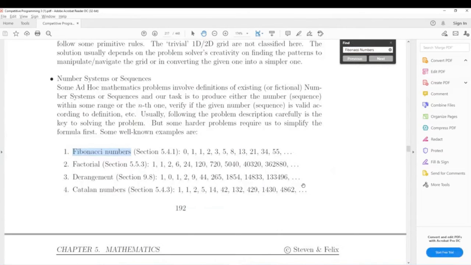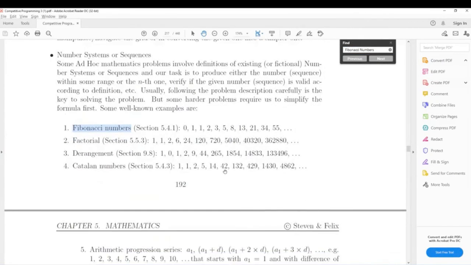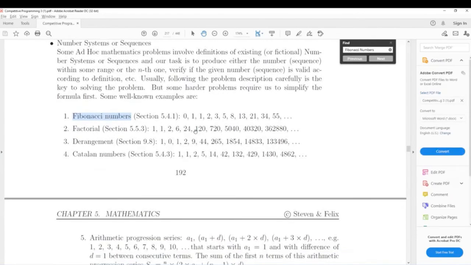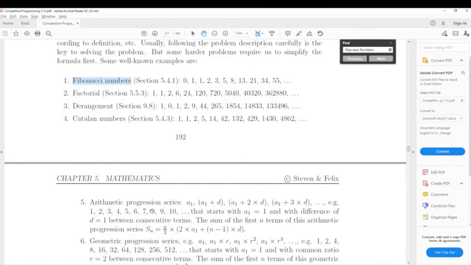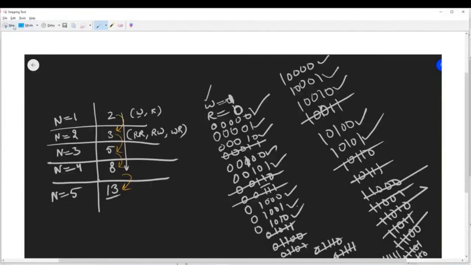This is the section I was talking about earlier. Fibonacci, factorial, derangements, there is a formula for derangements also. I think you have done a similar question in implementation. Catalan also you have done. And then the arithmetic and geometric progression. So mainly these 4, if you want, I can capture a screenshot of this.